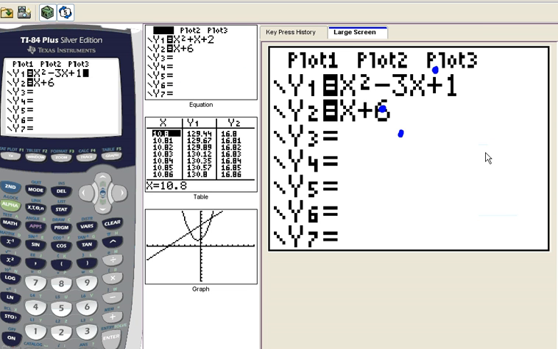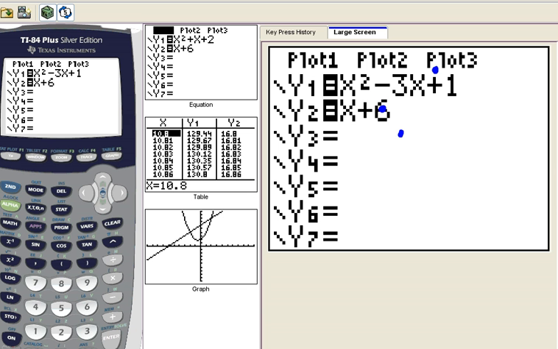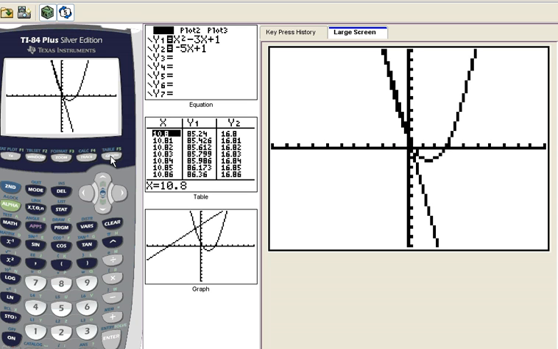And the other equation was negative 5x plus 1. All right, what we're going to do here is graph it, and hopefully we can see where it crosses. And you can see it crosses somewhere in this area.